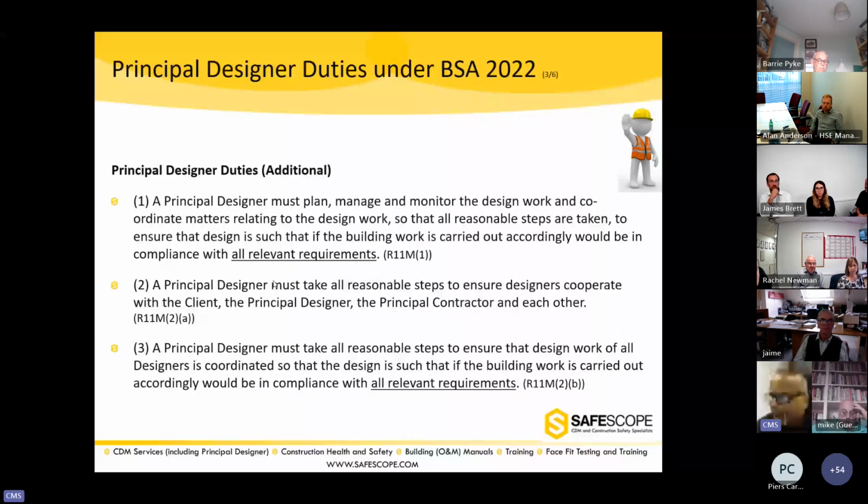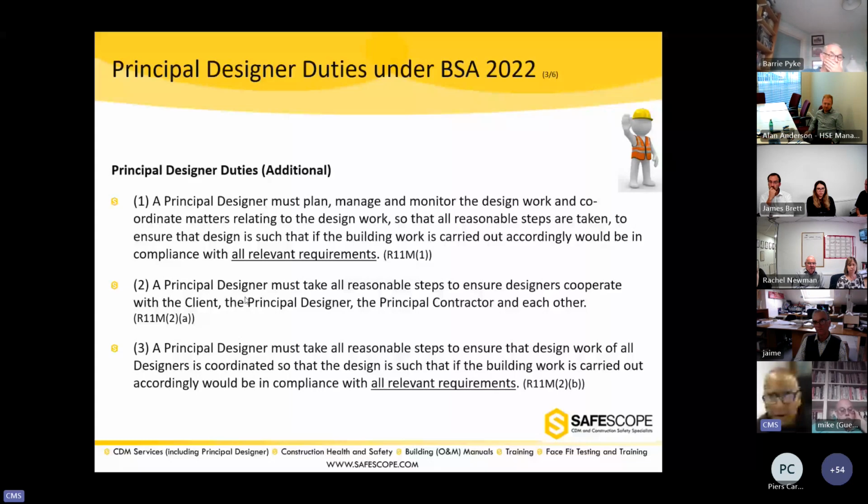The principal designer must plan, manage, and monitor the design work and coordinate the matters relating to the design work so that all reasonable steps are taken by the team so that the design is compliant with all relevant requirements.